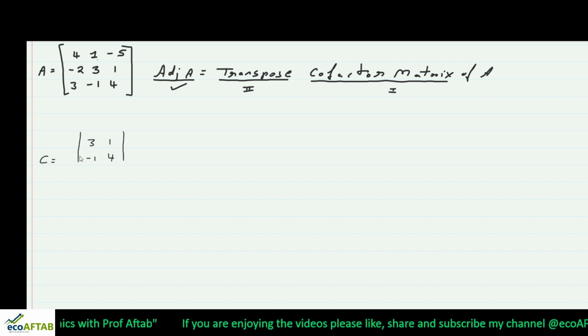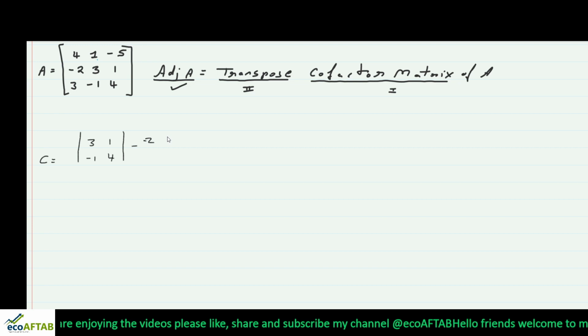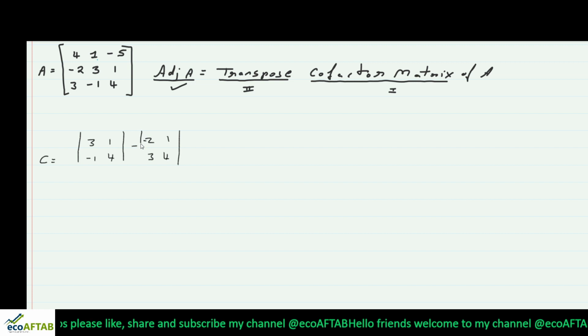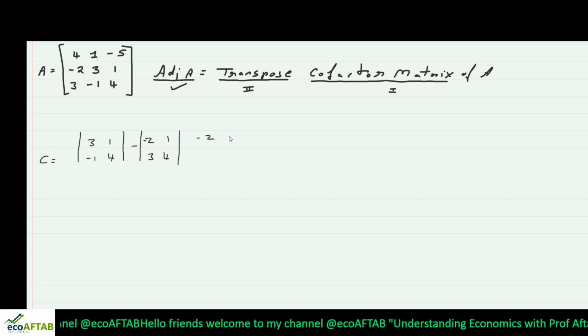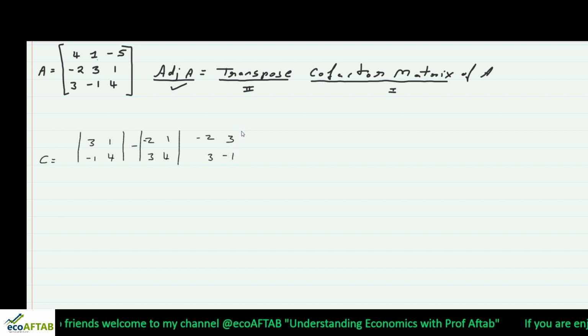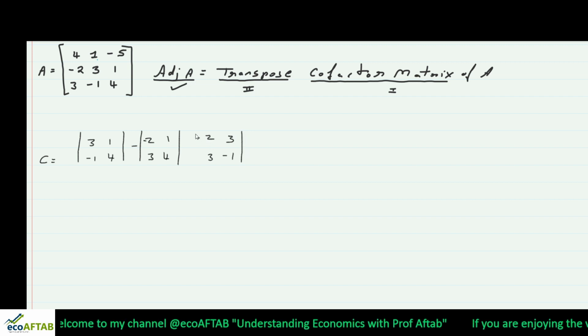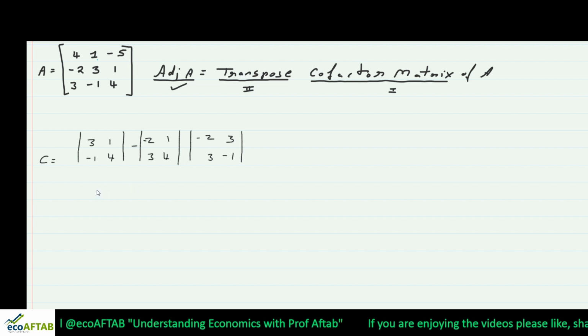So this is the minor of the first element 4, minus this is the minor of the second element 1, this is the minor of the third element in the row, minus 5. In the same way, we need to take the minor of all the remaining elements.